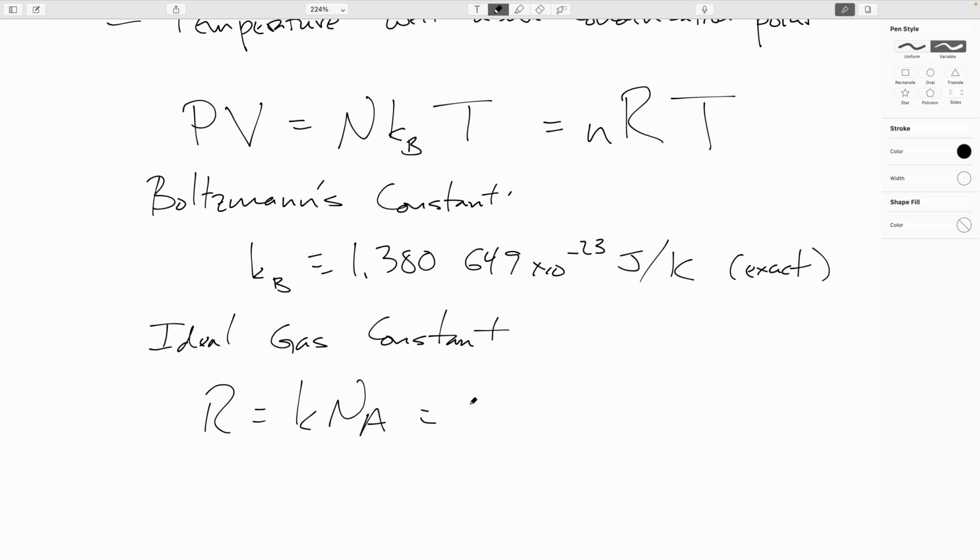And this works out to be exactly, and it's a mouthful because we're just multiplying two exact numbers together until we run out of numbers, 8.3144626181532 joules per mole Kelvin. Now, most people are not going to bother carrying all those digits. Usually just say 8.314 and get on with your life.